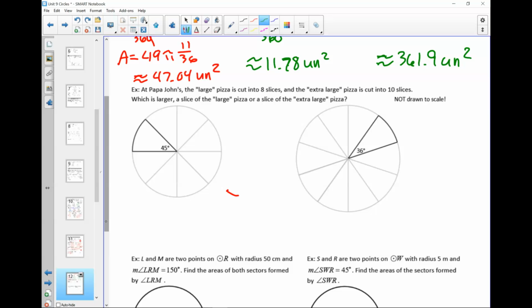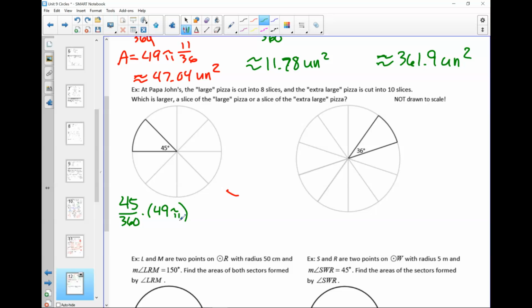Okay, at Papa John's, the large pizza is cut into 8 slices and the extra large is cut into 10. Which is larger, a slice of the large or a slice of the extra large? Well, for the large pizza, the arc is 45 degrees. So we're going to have 45 degrees over 360 times 49 pi that we got for the answer on the previous page.